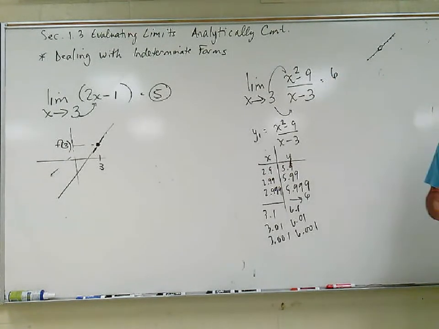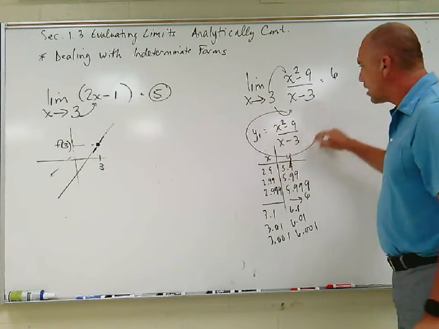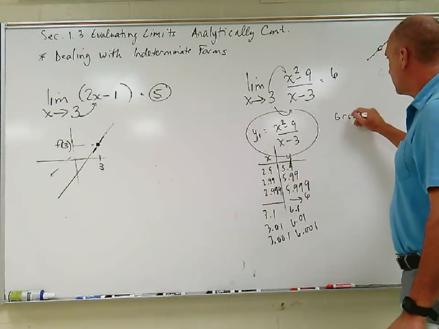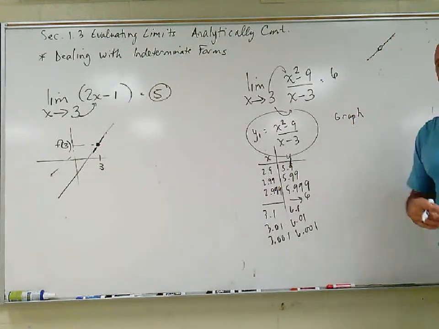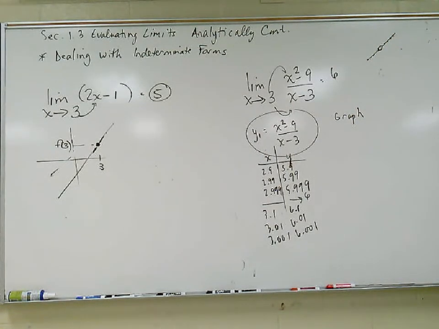But let's delve a little deeper into the graph. If you now graph this on your calculator, just hit graph. What picture do you see? A linear function. You just see a line. Can you tell what the y-intercept is on that linear function? 3.